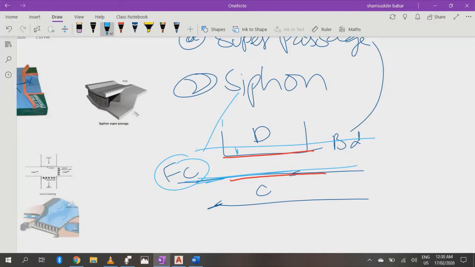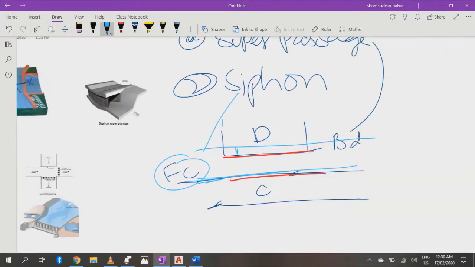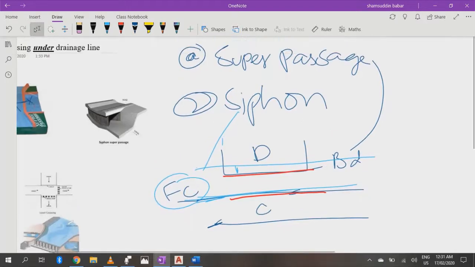If the full supply level is above the bed level of drainage, we provide siphon. These are the two types of cross drainage structure for a canal crossing under the drainage. And about their design, if we are designing the super passage, it is just like a trough.